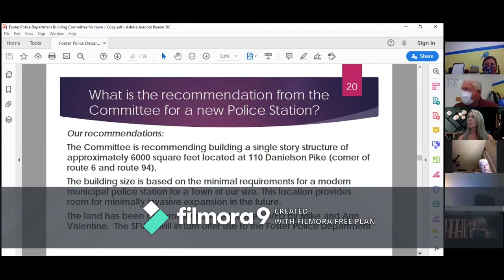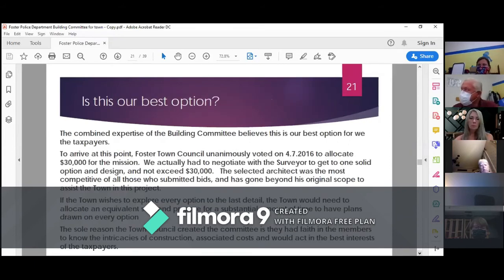Okay, so is it our best option? Well, the combined expertise, the building committee certainly thinks it is. We've spent a lot of time looking at all the different options to see what we could do. So again, back in 2016, the town council, this is important to understand how this mechanism works, allocated $30,000 to get to an option.